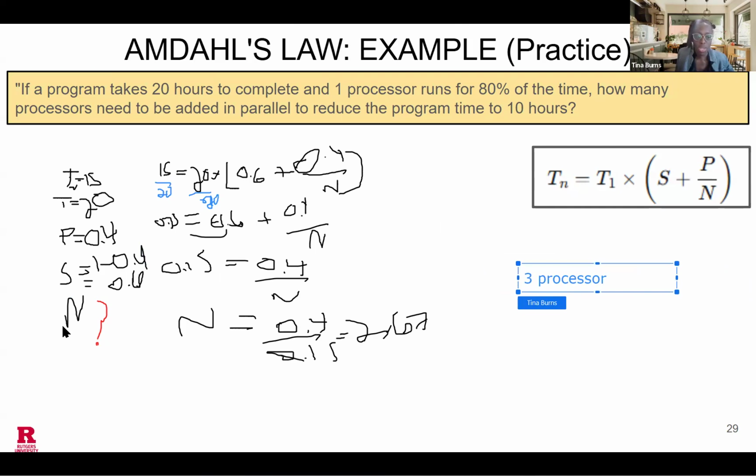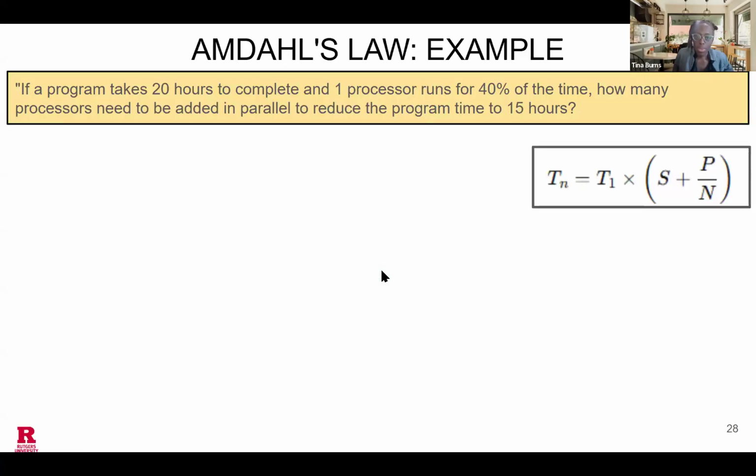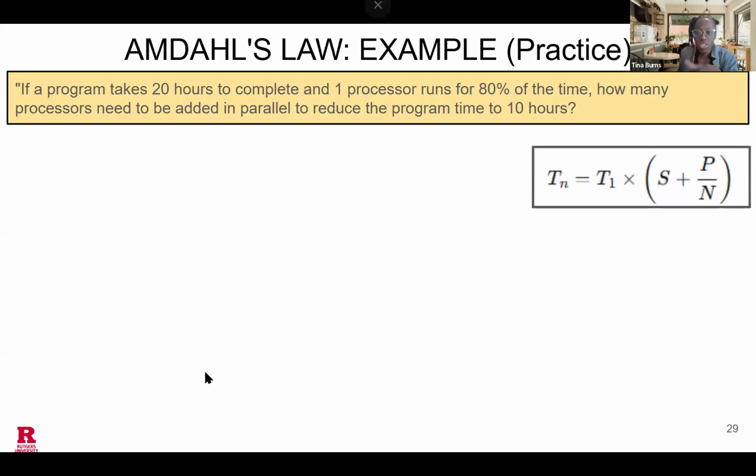All right, so let's go ahead and clear all of this and go to the next portion. We know that 3 processors are needed. If you were to do another example, and you can do this as part of your homework: if you're doing this same example, how many processors do you need to reduce the time to 10 hours?